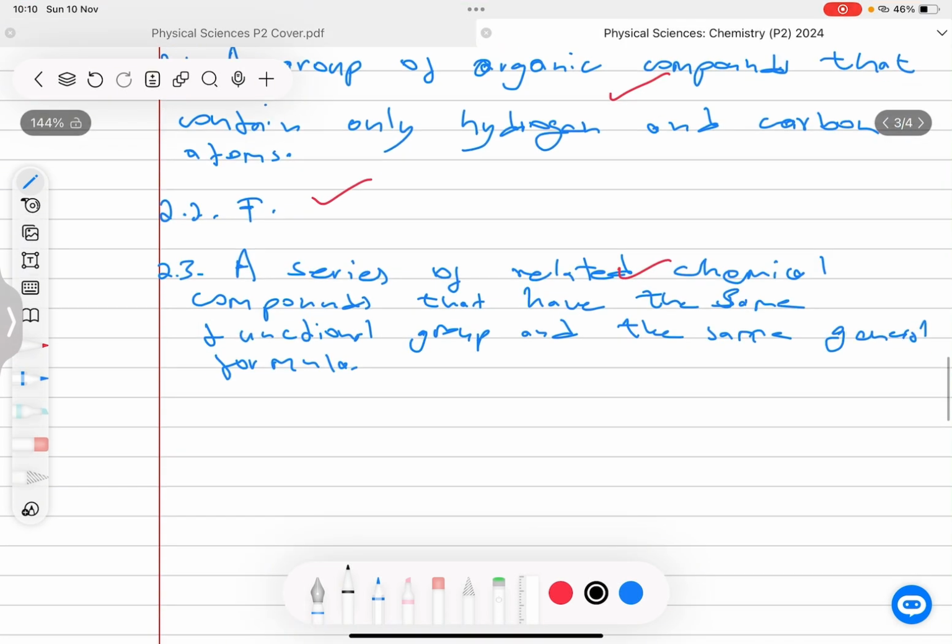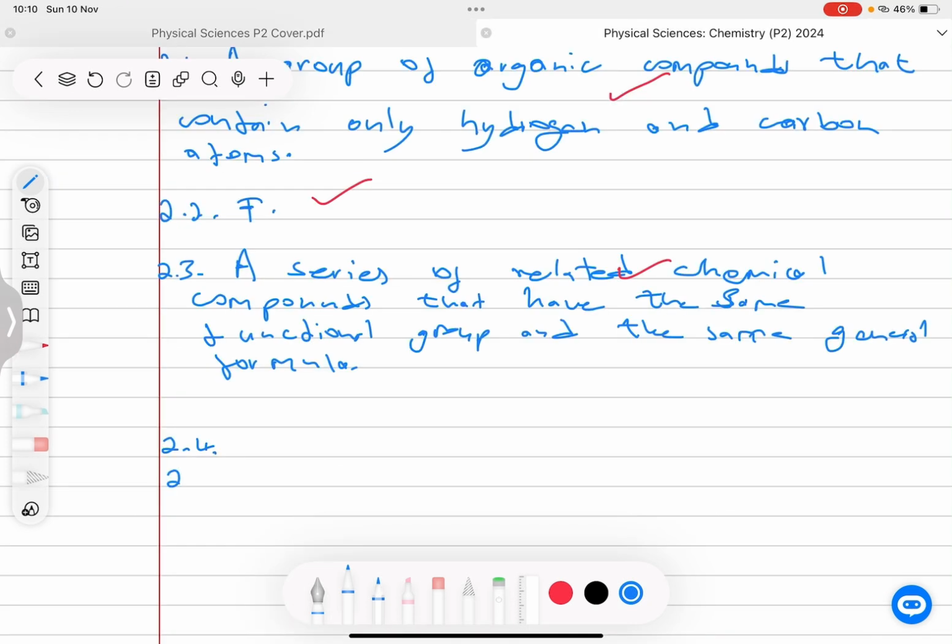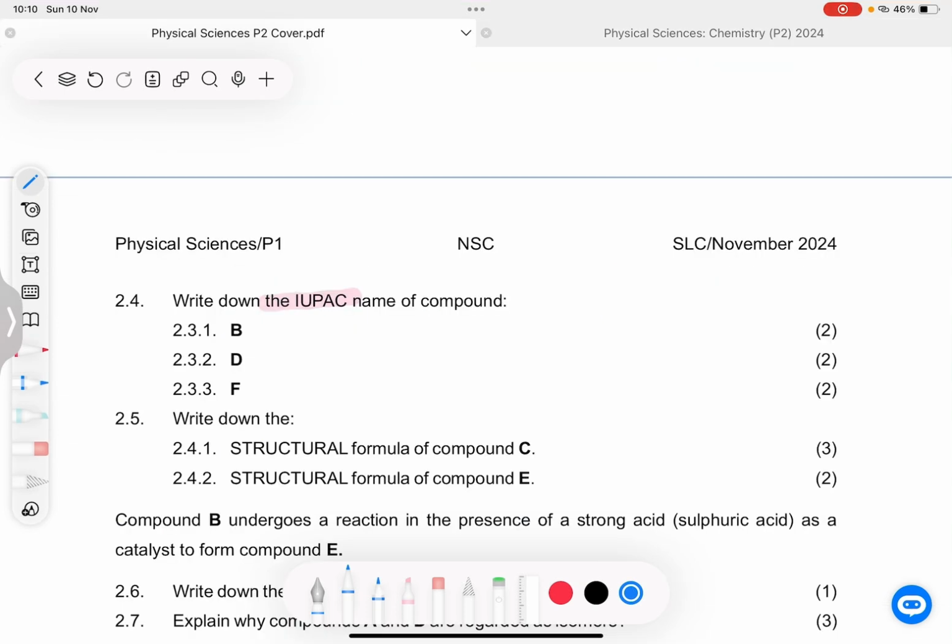So here we are on 2.4. But we also acknowledge that we have an error in the numbering, so we'll keep it as it is and say this is a 2.3.1.